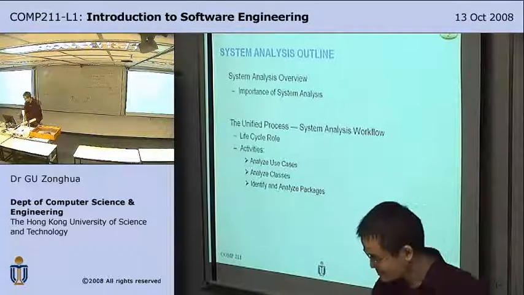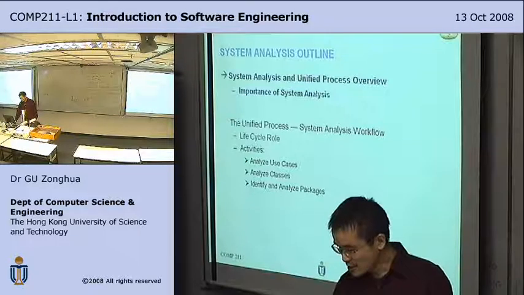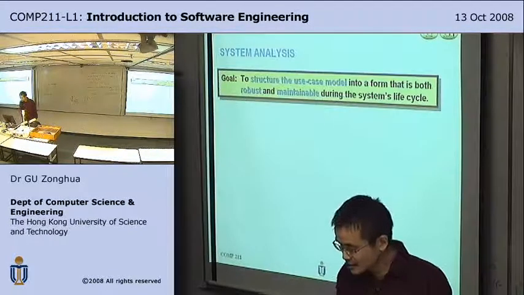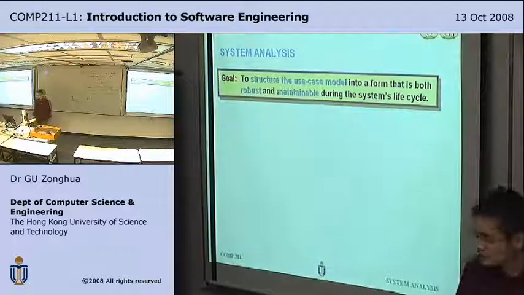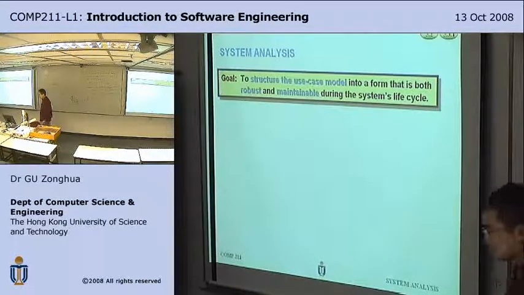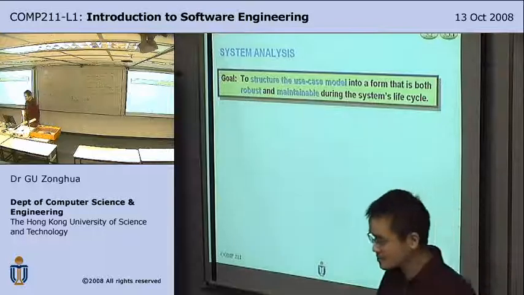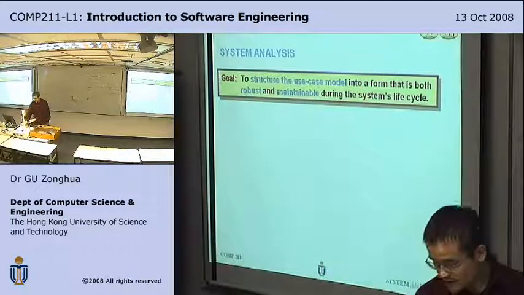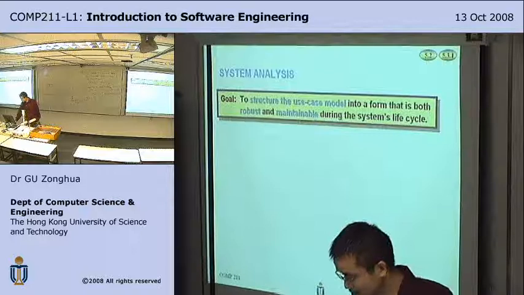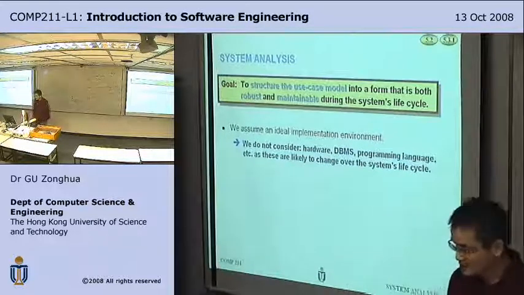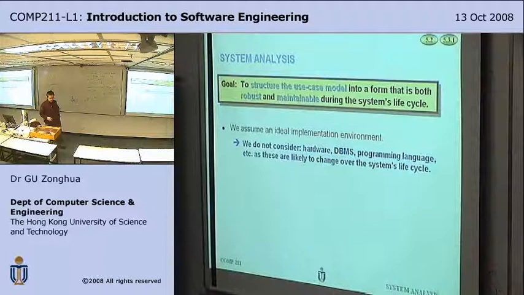So, importance of system analysis. The goal is to structure the use case model into a form that is robust and maintainable during the system lifecycle. At this stage, we assume an ideal implementation environment.